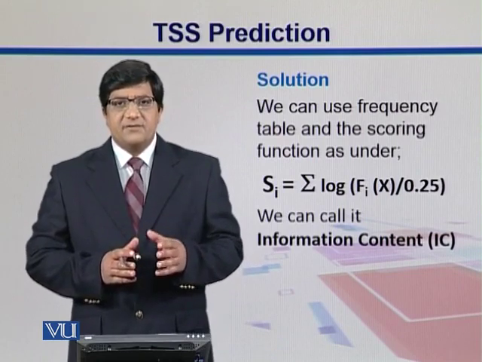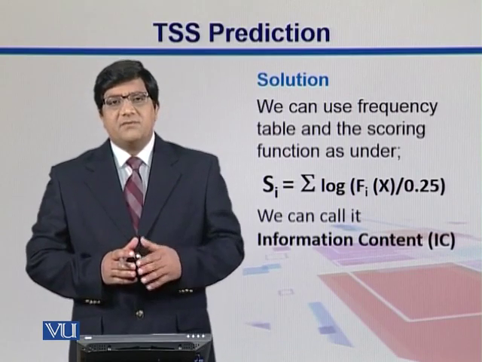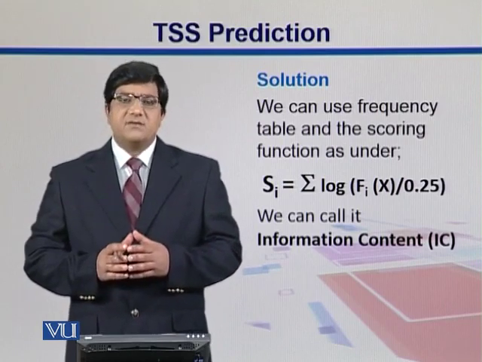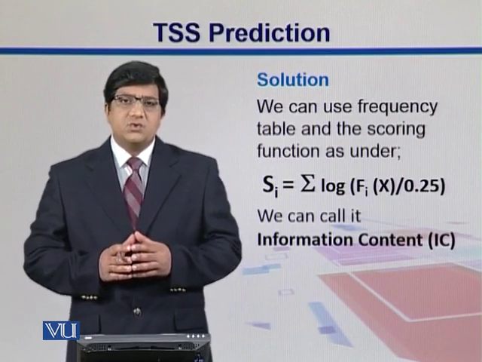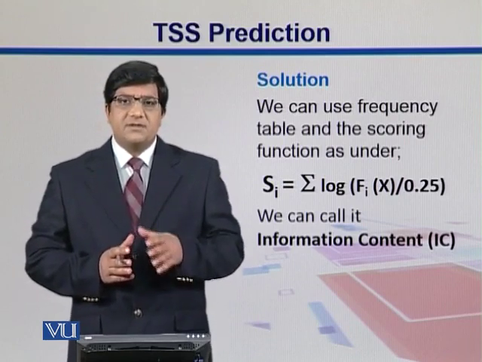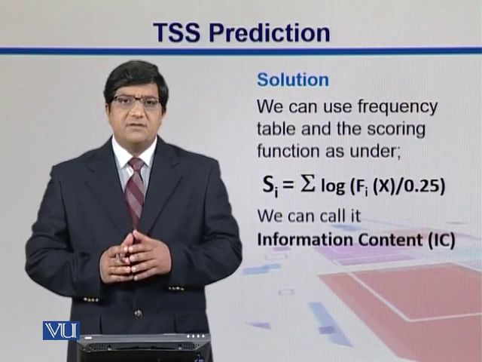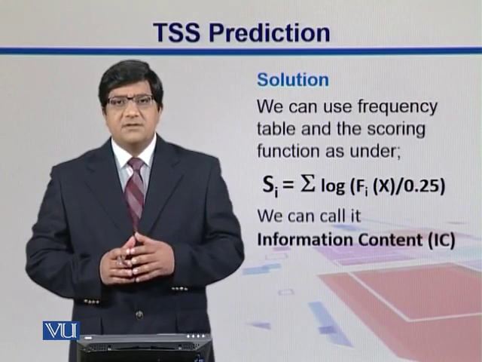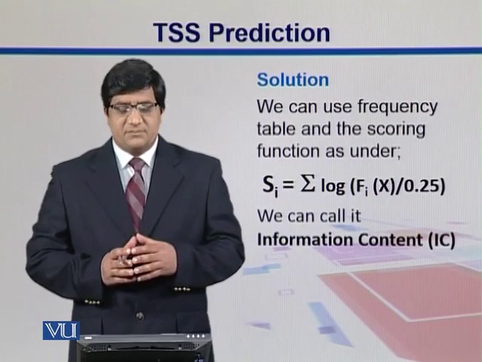We can get that frequency, and then divide it by the expected frequency, which is 0.25, since there are 4 nucleotides. The frequency from the frequency table divided by the expected frequency gives us an estimate of which neighbor is a strong neighbor and which is a poor one.